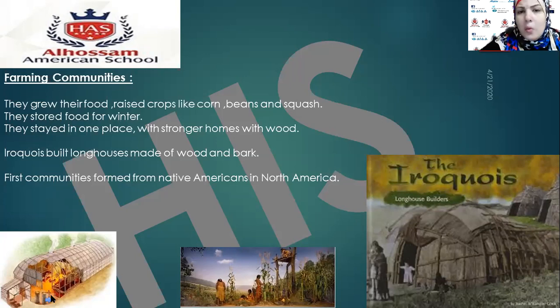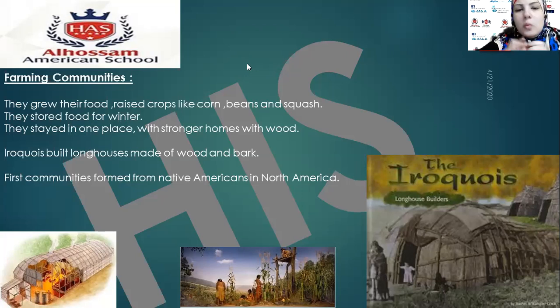We used to use all the buffalo's skin, body, also the meat, every single part in the animal. Okay, so this is very important for all of us to know.